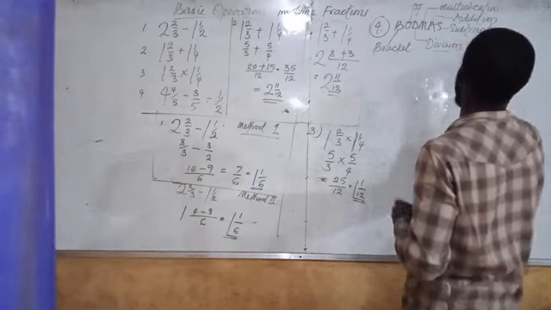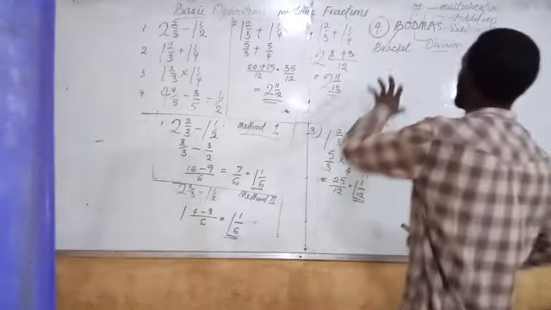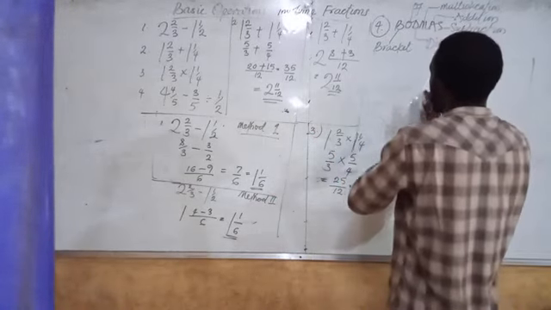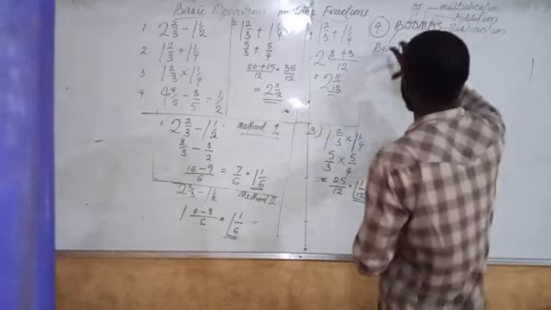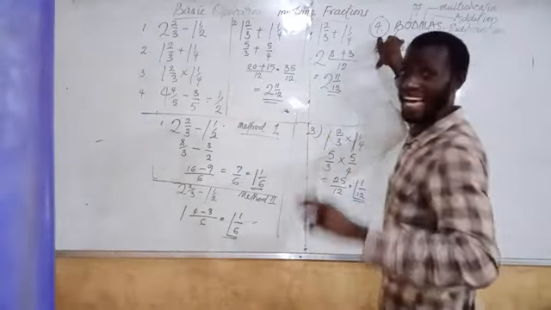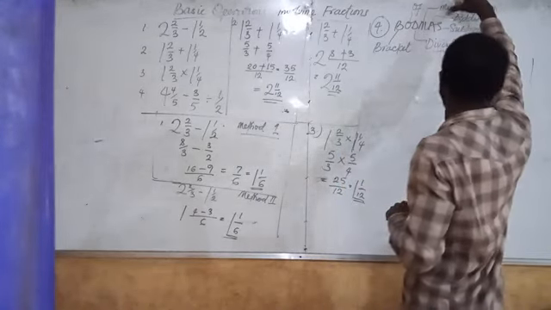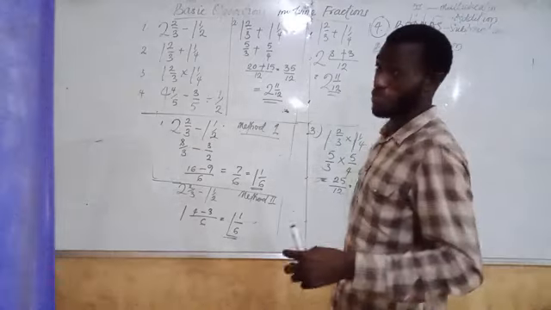Now the idea is that this is the order of operation, so the order of priority. Brackets take the highest priority, the next is of, division the next, multiplication the next, addition the next, subtraction the next.